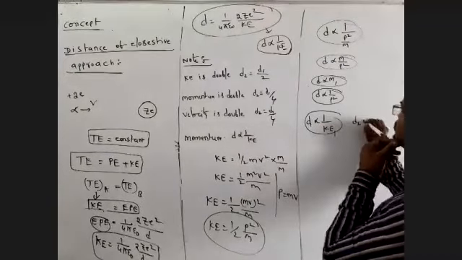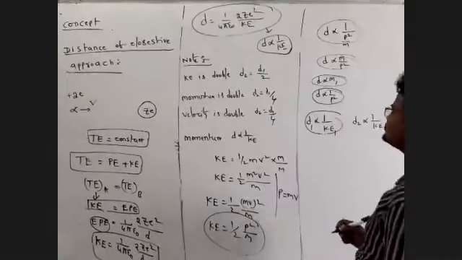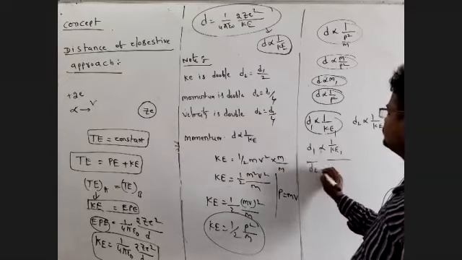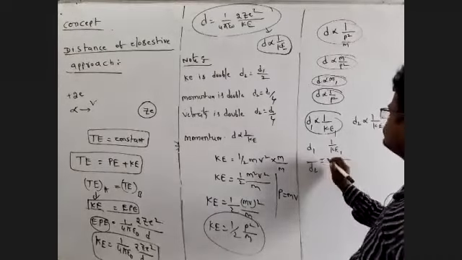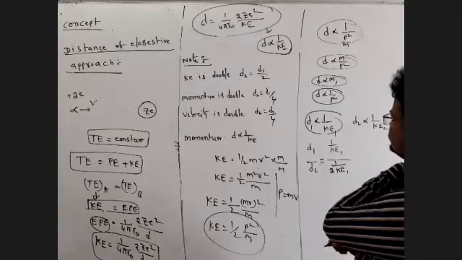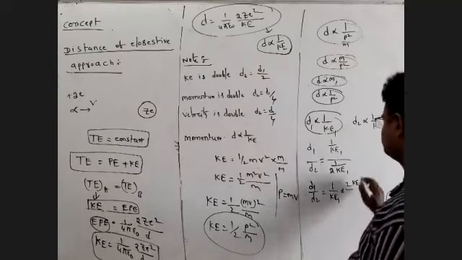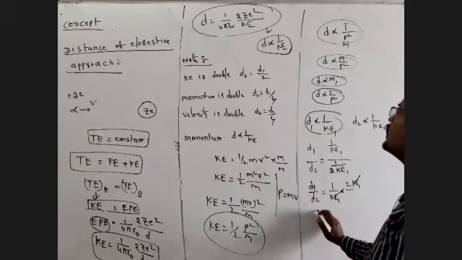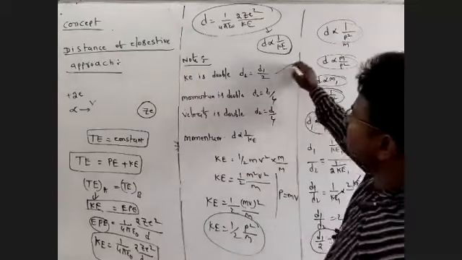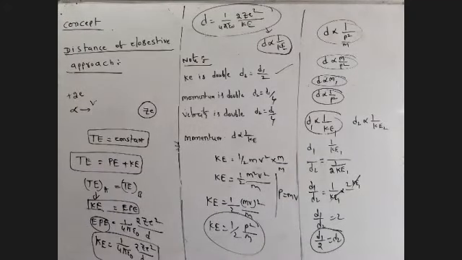So for D1, K1 and D2, K2, the kinetic energy is doubled, K2 is 2K1. Then D1 by D2 is equal to K2 by K1, that is 2K1 by K1, K1 cancels. So D1 by 2 is equal to D2. That is your answer.